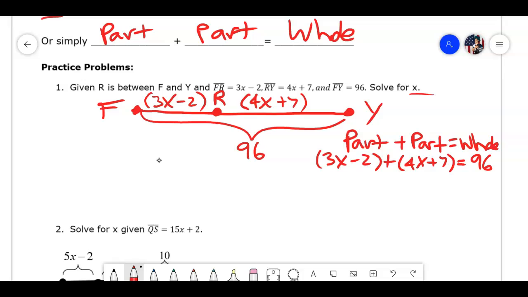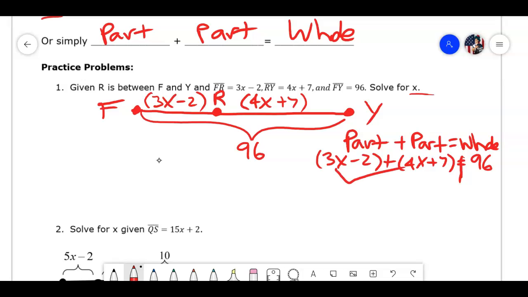Now, this reminds me of my warm-up today. I got to think about, are the x's on the same side or on different sides of the equal sign? And what do I do with it? So first of all, notice the equal sign right here. So the x's are on the same side. They're both on the left of the equal sign. Do I combine them or get rid of one? What do you think? Same side, combine. I'm going to combine those x's together. What's 3x plus 4x?